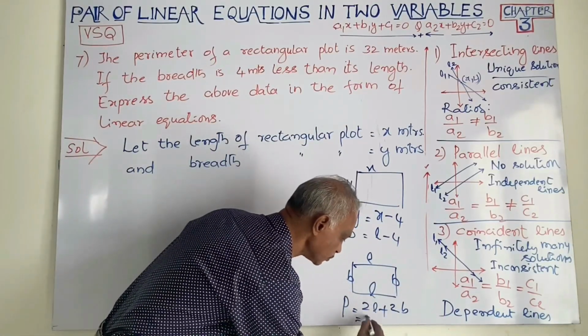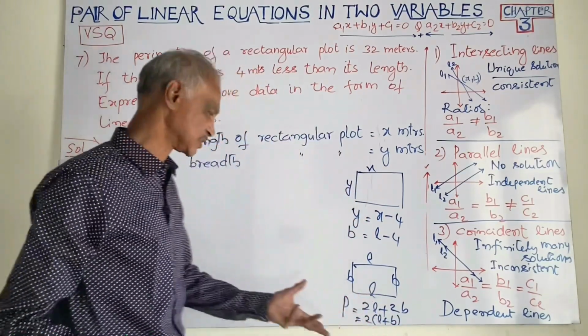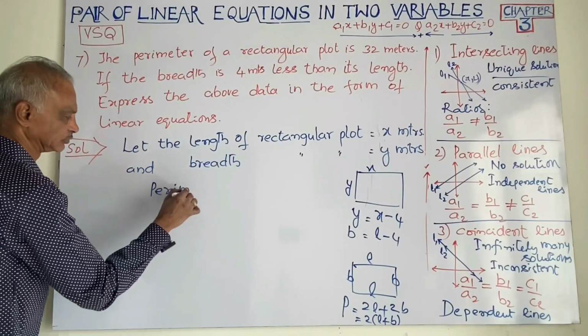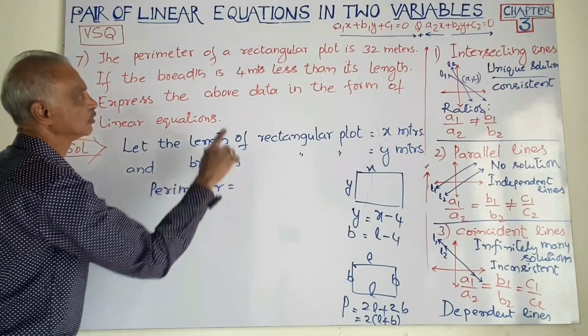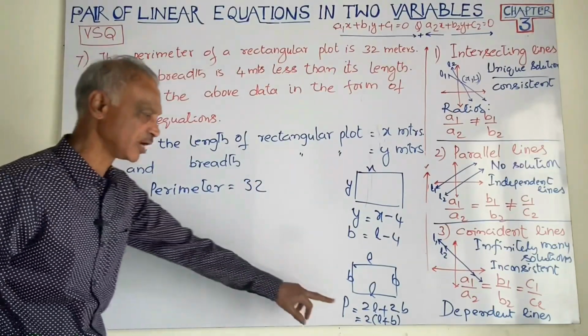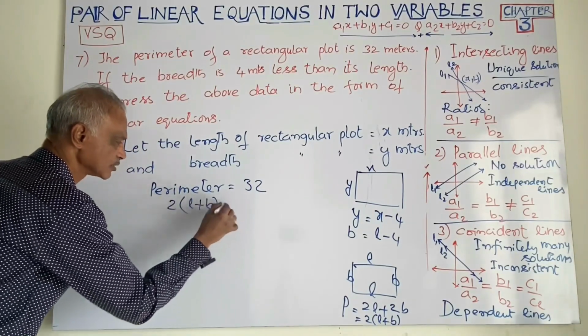It can be written as 2 into (L plus B). What is the formula you have? 2 into (L plus B). Perimeter is equal to how many meters? 32 meters. So the perimeter formula gives 2 into (L plus B) is equal to 32.